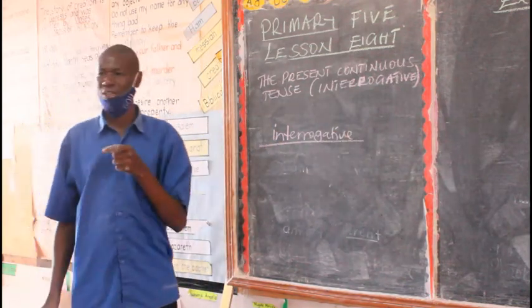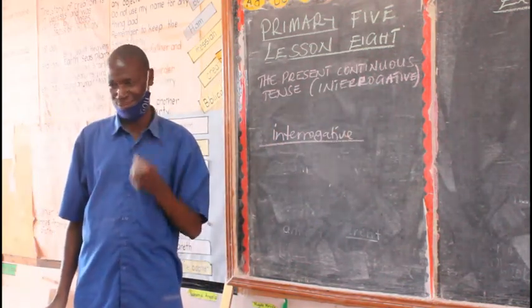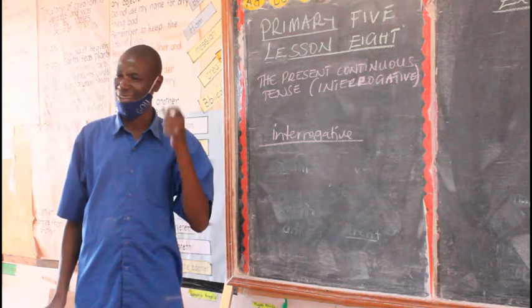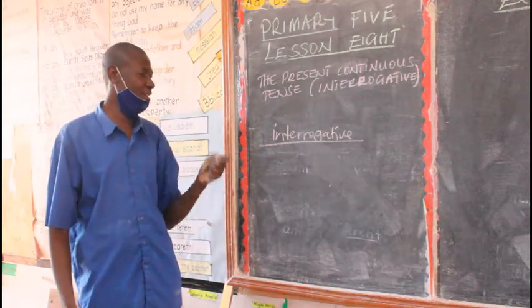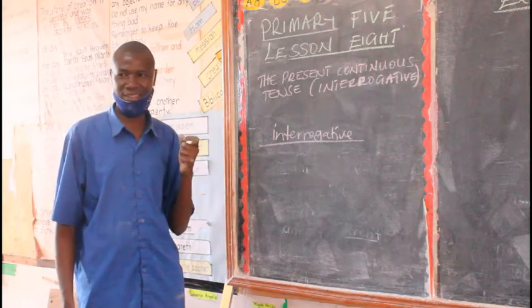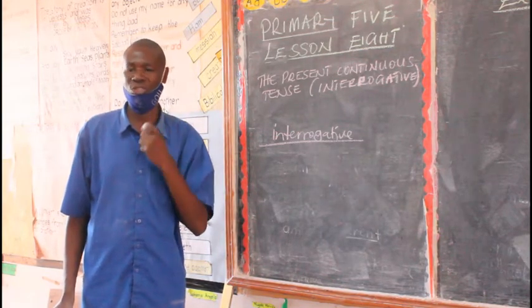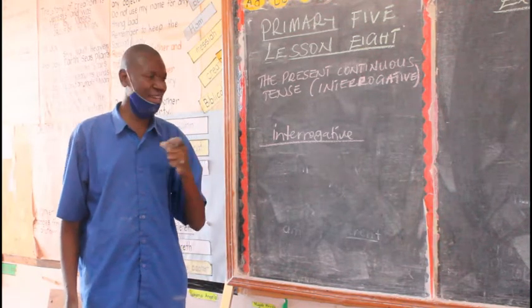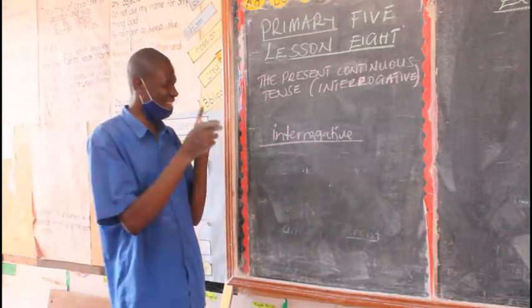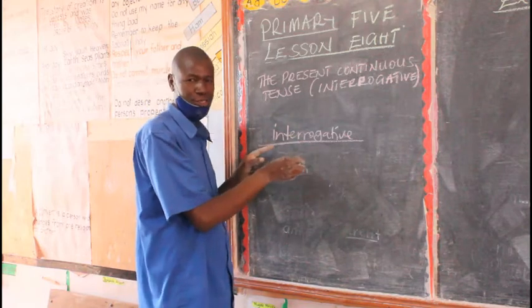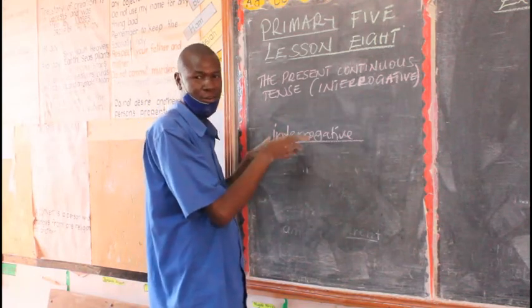We have always been defining the word interrogative. It is a common word. I have always said that an interrogative sentence is that sentence which is in the form of a question. Any sentence that asks a question is called interrogative.